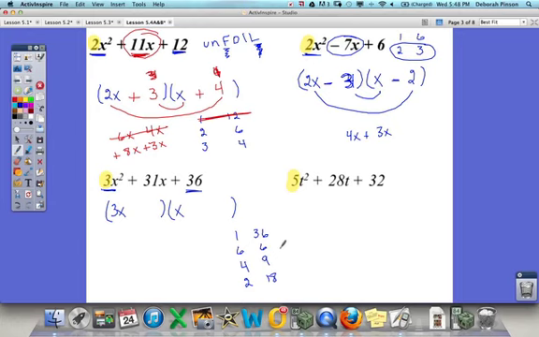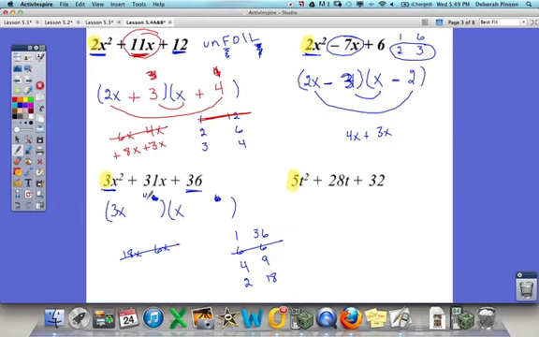Now, I like to try the ones closest together first, and then kind of work my way from there. So I'm going to try the 6's. So that would be 18 and 6. Can't get a 31 out of that. If I switch the 6's, since they're the same number, it's not going to matter. So the 6's I think are pretty much out.